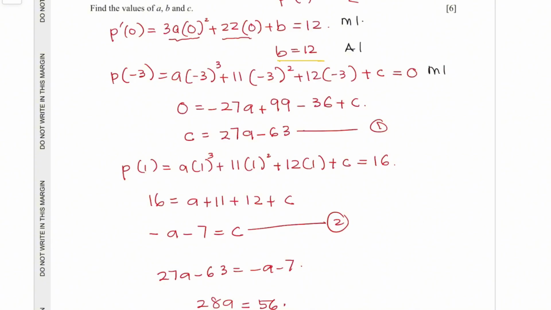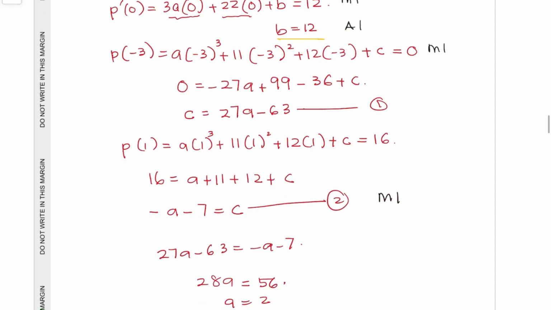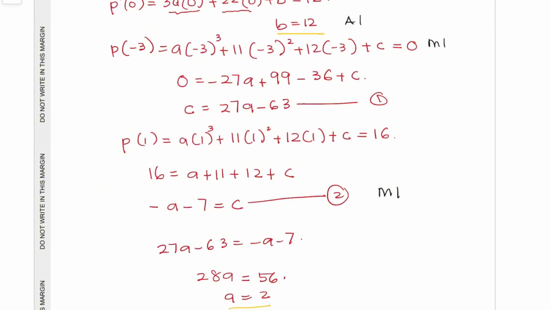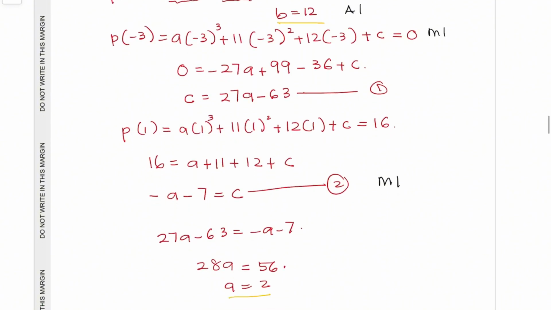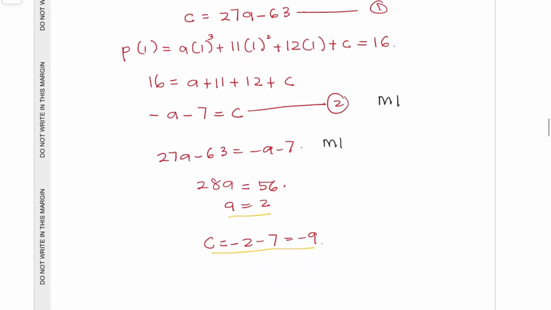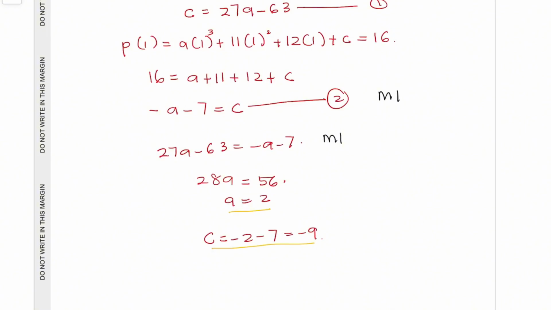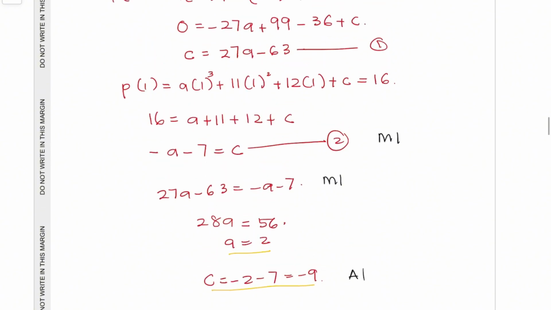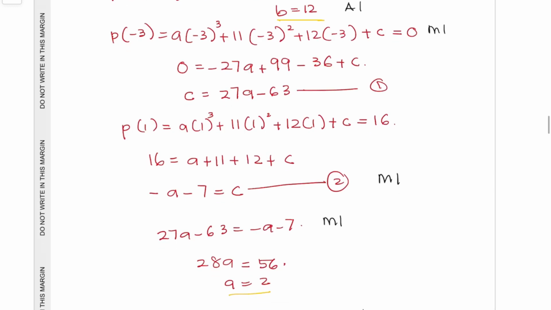Next mark is when you get both equations right. That's M1 again. Next mark is when you attempt to solve your equations together. For me, I'm having it here when I equate them together. And the last mark is when I have a equals 2 and c equals -9. That is my last mark. So altogether, 6 marks.